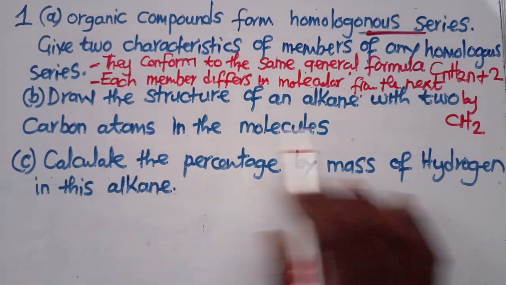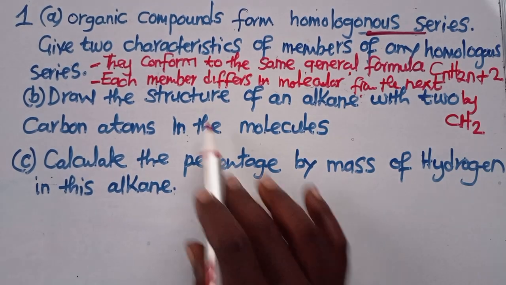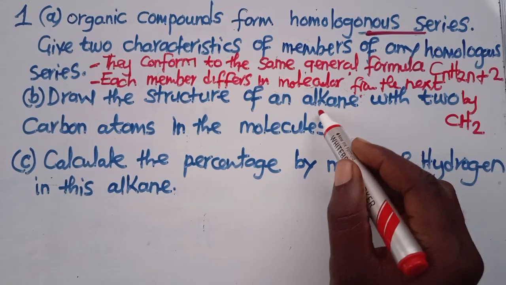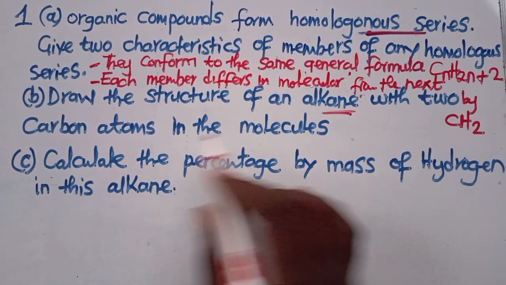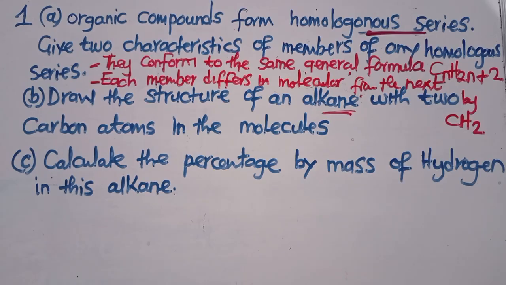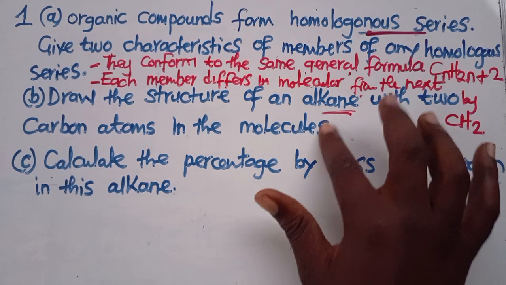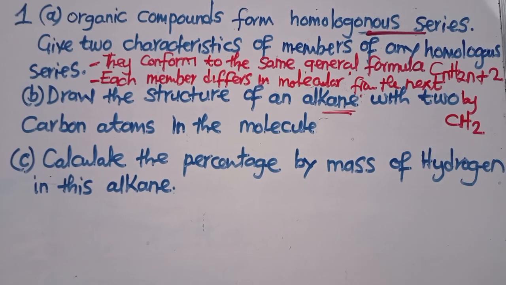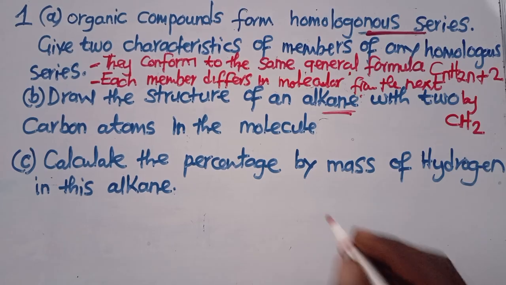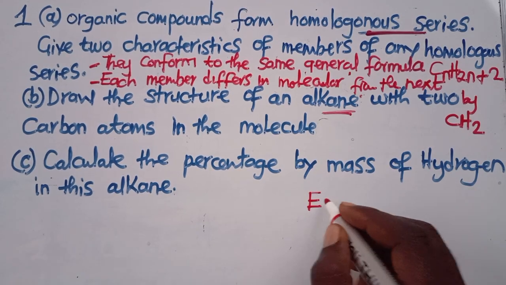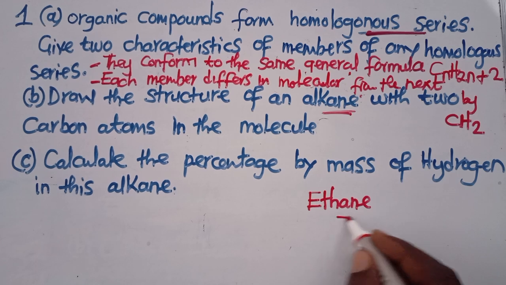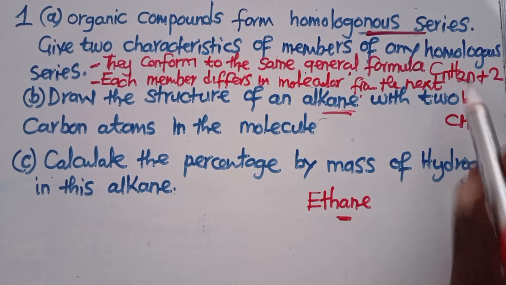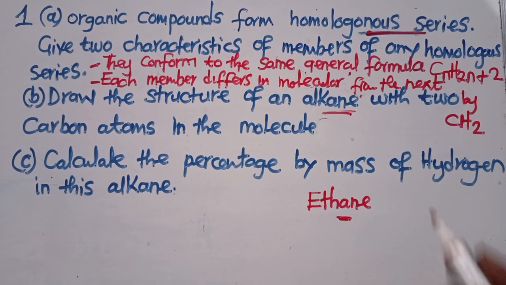We proceed to the next one. Draw the structure of an alkane with two carbon atoms in the molecule. Two carbon atoms, you need to understand that we are talking about ethane. So they just want you to draw the structure for ethane.